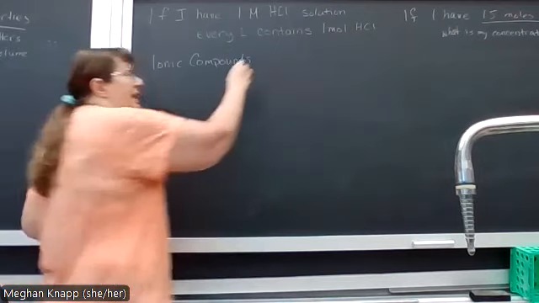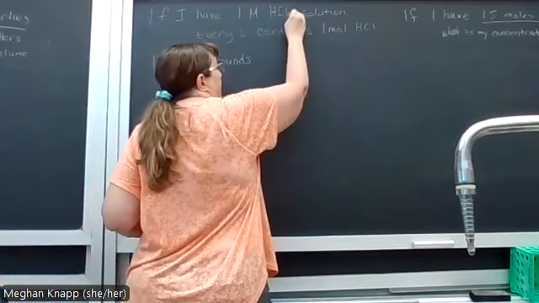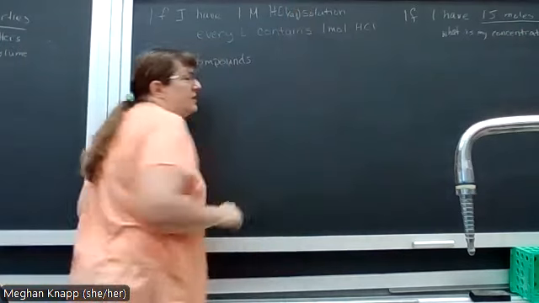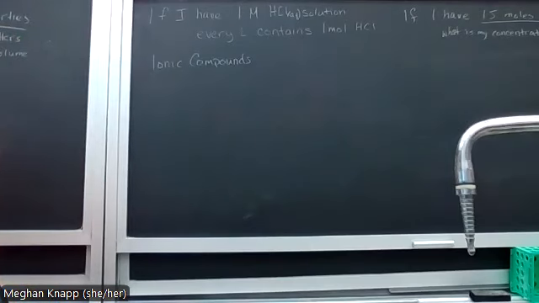And so we would indicate that by saying AQ for aqueous, okay? But if you don't see AQ, you just sort of assume it's dissolved in water, okay? When you get to organic chemistry, there are lots of different solvents you might use, but this year, everything's dissolved in water unless we tell you otherwise.